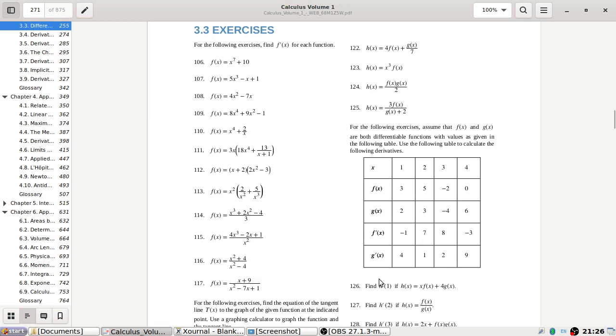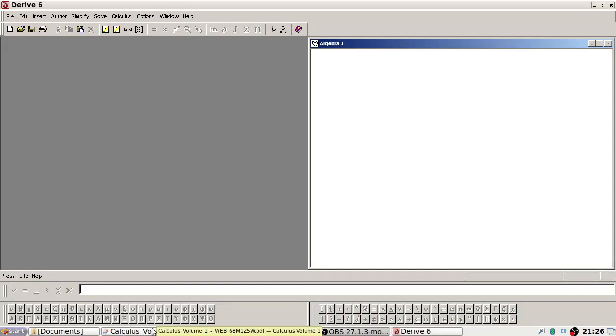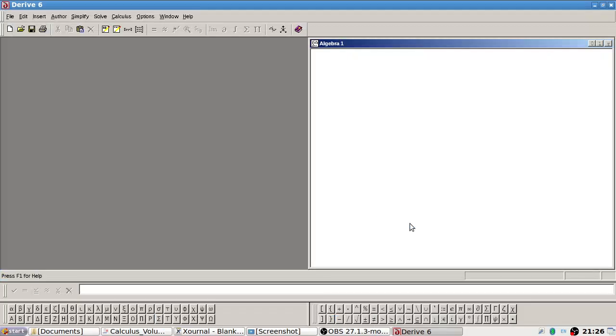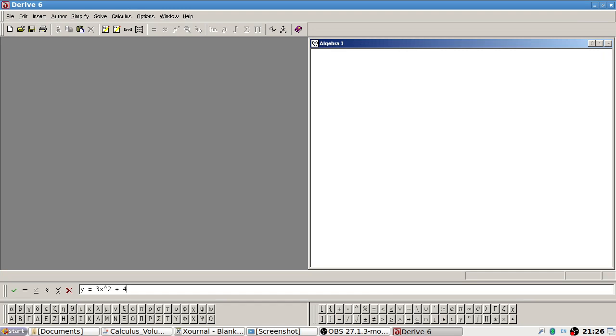There we go. Okay, let's have a look at the first one. It's y equals 3x squared plus 4x plus 1.